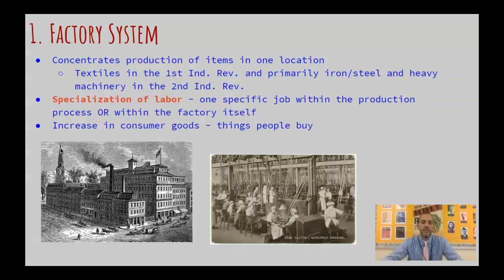So first thing, technology-wise, is the development of what is called the factory system. Up to this point, if you were in Europe and you were making cotton clothing, you were most likely in what was called the cottage industry, which is just a fancy way of saying that people made their own clothes in their house. Almost 99.99% of the time it was women in their home, sitting around together while their husbands were working, stitching together clothing.